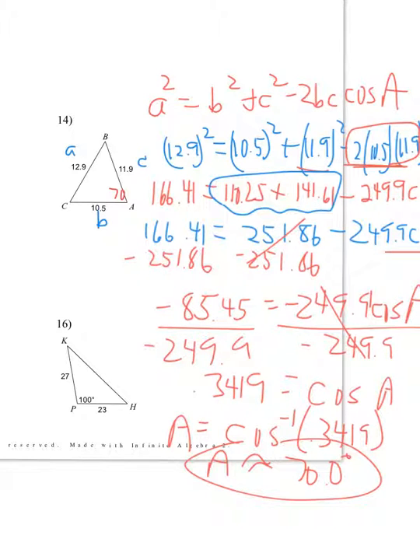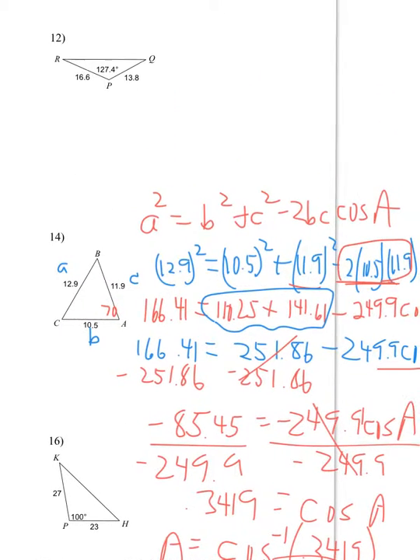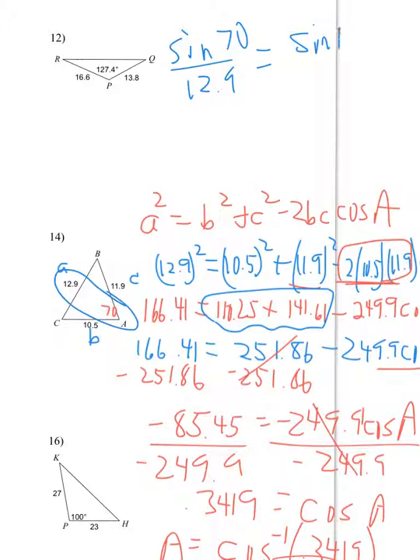Okay, so if we go back up here, angle A is about 70 degrees. Now I need to do a law of sines, because I got to find angle B and angle C, and I don't know two angles yet. So I'm going to come back up here and I'm going to do my work up above. I now know this pair, so I can go sine 70 over 12.9 equals, and I'm just going to choose angle B, so I'm going to go sine B all over 10.5.